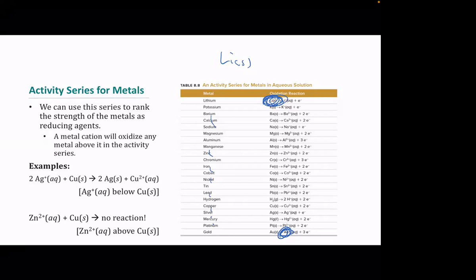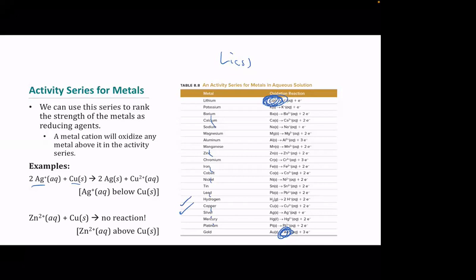It'll take time to digest, and I still catch myself having to slow down and say, wait a second, it's going to be oxidized, it's an oxidizing agent. So silver ions with copper solids is the one we've been looking at. Here's copper, and where's silver? Right below it.